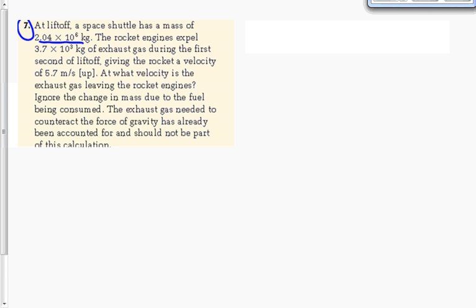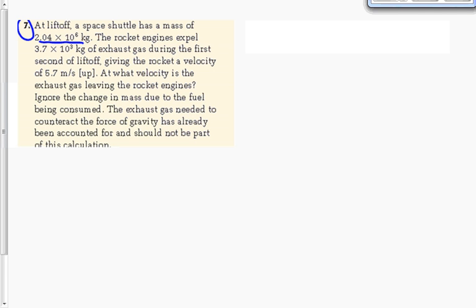The mass of the exhaust is constantly increasing. It's not like one moment the space shuttle and the exhaust are all one, and then the next moment there's 3,700 kilograms of exhaust out the back. There was 1 kilogram of exhaust before you had 2, and then there was 2 before you had 3, and so on and so on. So it's a changing amount.